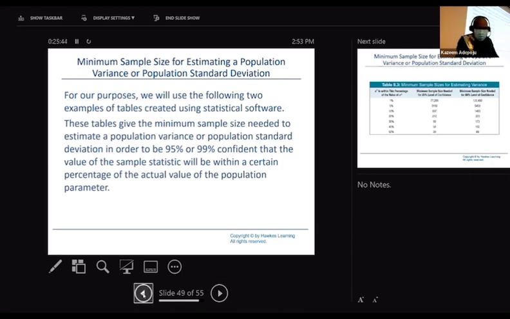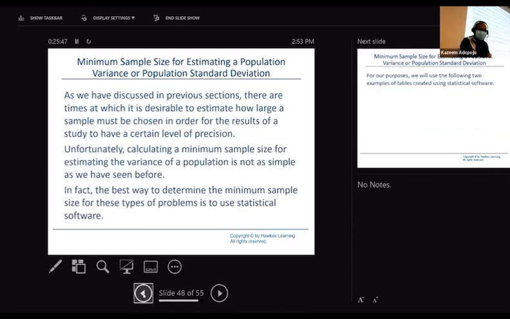Now, the next title that I want to talk about is this. You remember where we were dealing with the population mean and the population proportion. I think we decided on how to choose sample size to be able to estimate the population mean. But now, how do we decide on the sample size if we want to estimate either the population variance or the population standard deviation?